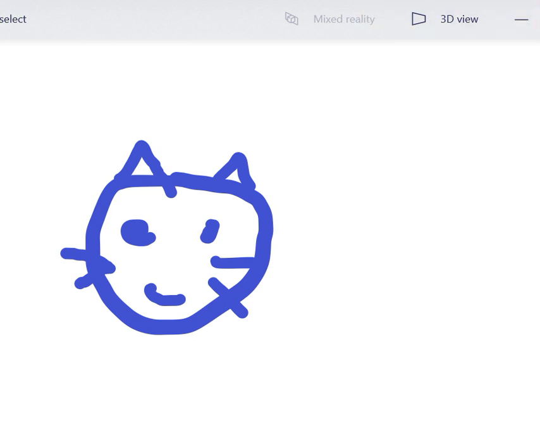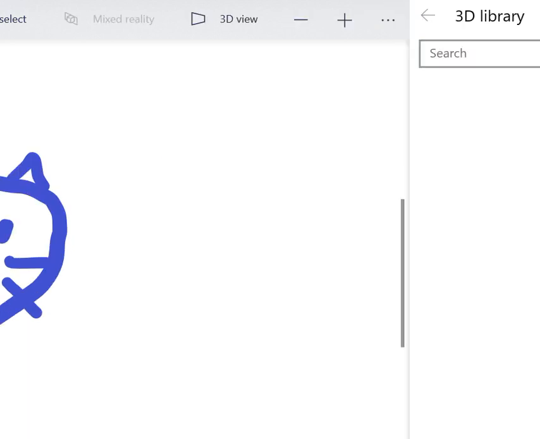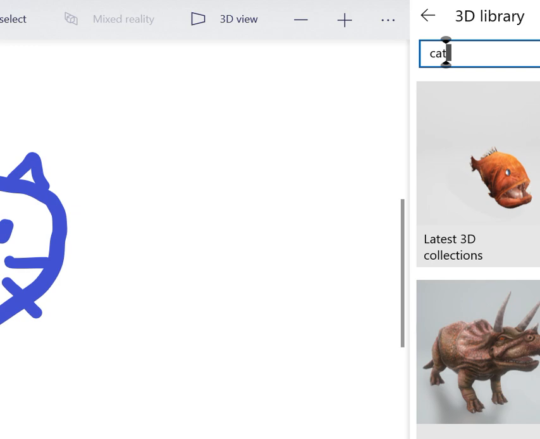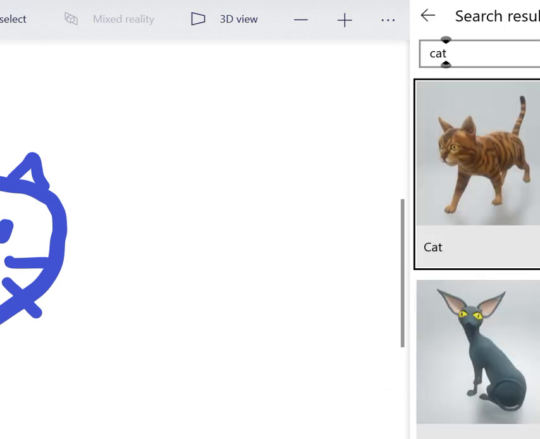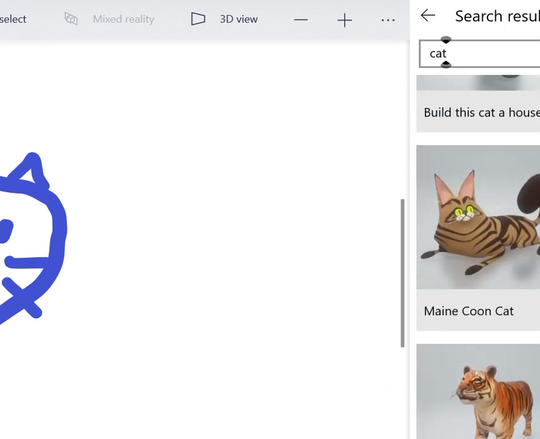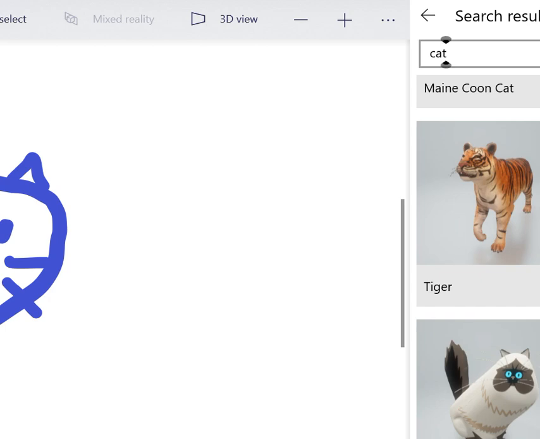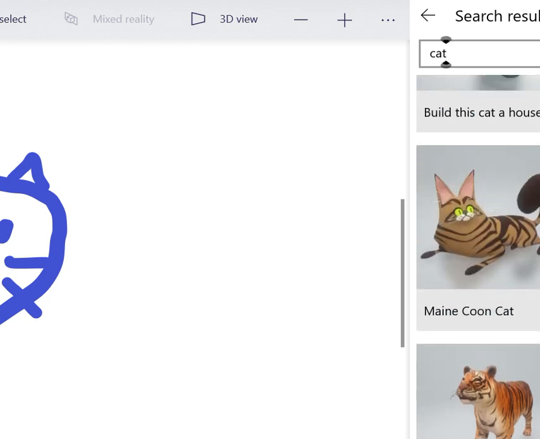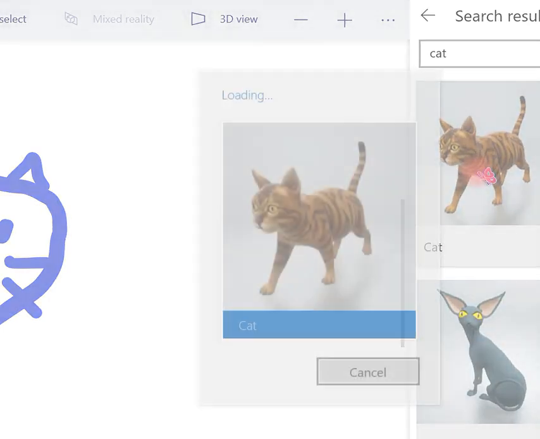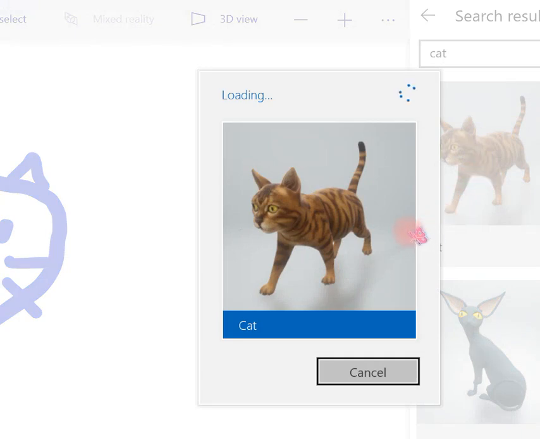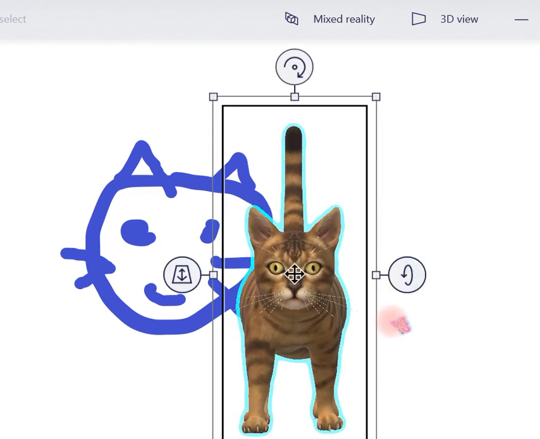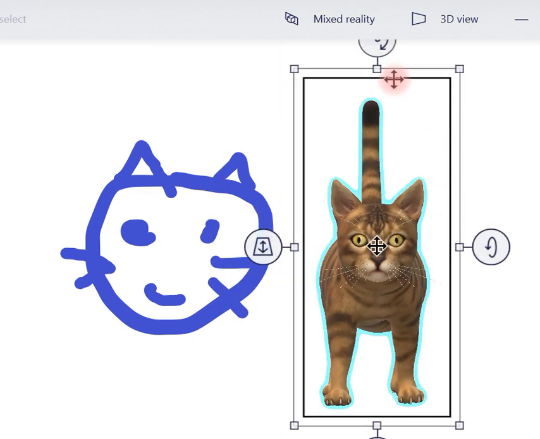What if we look at our usual lives? What do you think a cat will look like? Do you think it will look like that? No, of course. It will never look like that in real life. It will look different. Let me show you. There you go. I have the cat here.